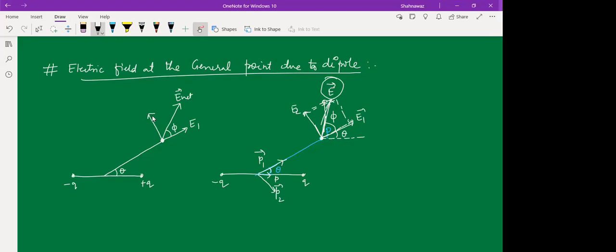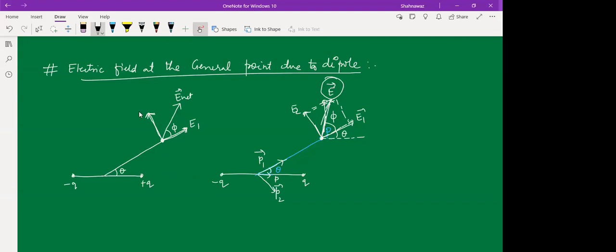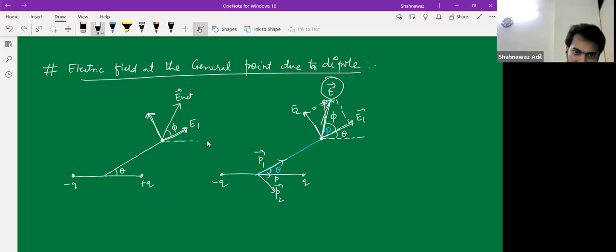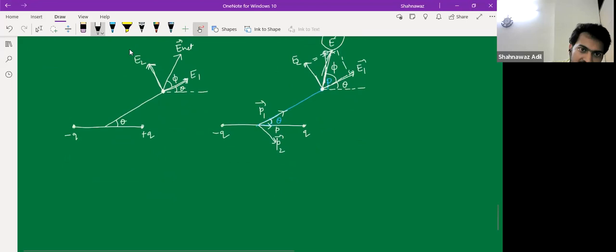These two are perpendicular, right? So this is the angle theta. We know that E1 and E2 are perpendicular.